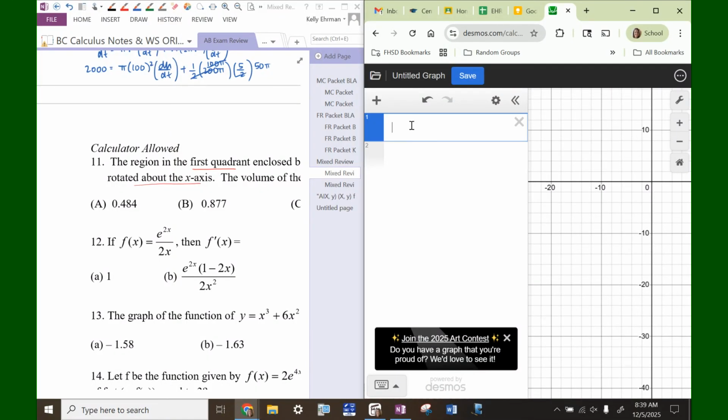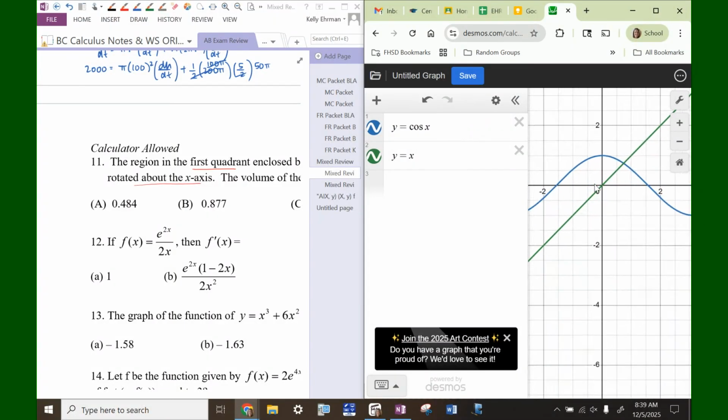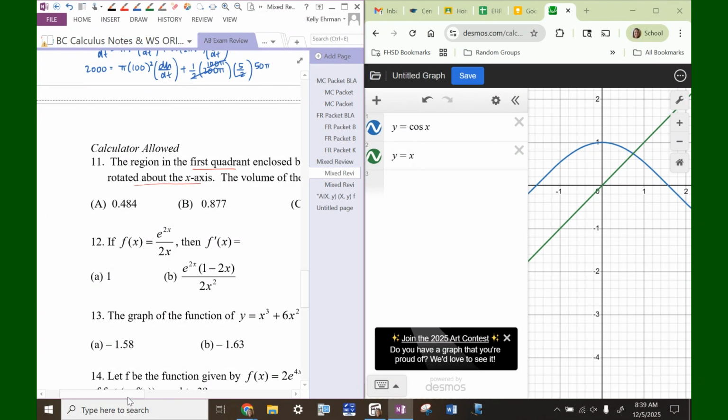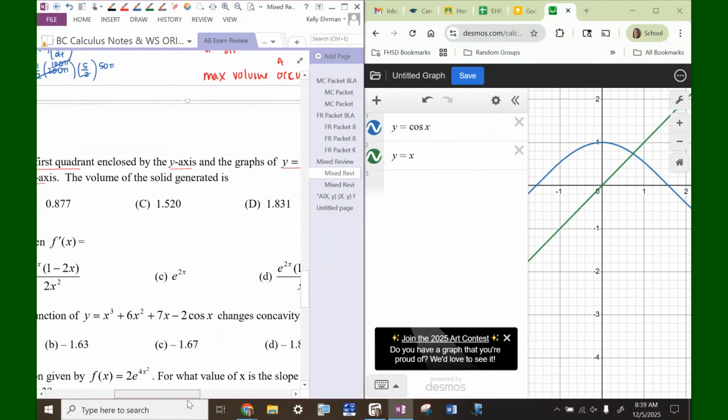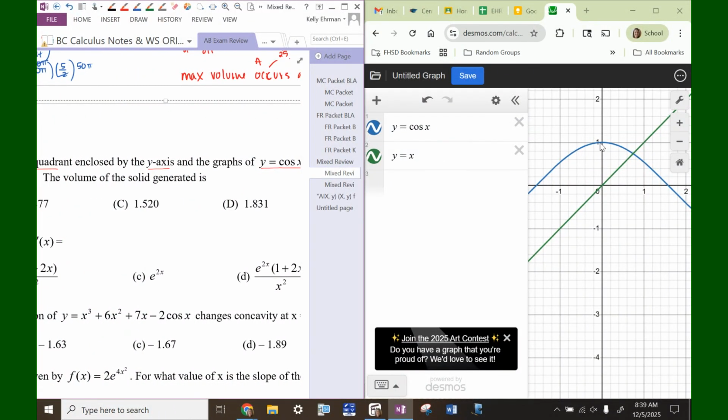All right, so y equals cosine x, y equals x. We're in the first quadrant here, and we're enclosed by those two and the y-axis. So we're looking at this area here.